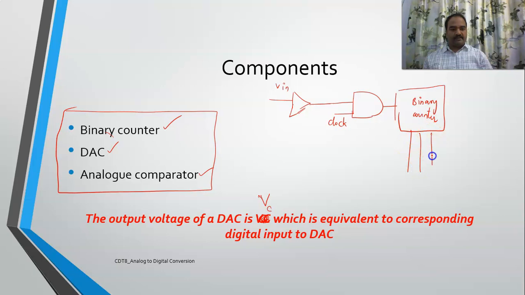And here you are getting the digital output, and again it is being fed to your DAC. And from the DAC, you will be getting a control voltage Vc. Now understood? This is a simple representation.